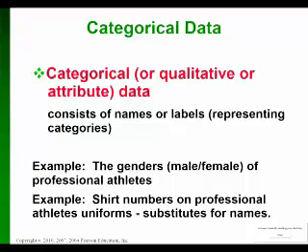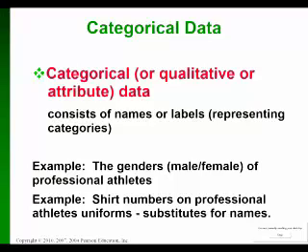But are they really numbers that represent a count of anything or a measure of anything? No, they just stand for the person's name. 35 is so-and-so. That's just a name. So even though it's a number, it's qualitative or categorical data because it's not a count or measurement of something.